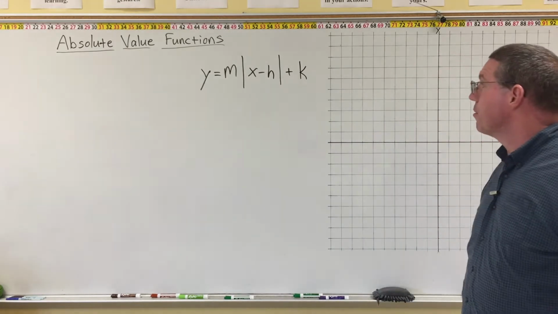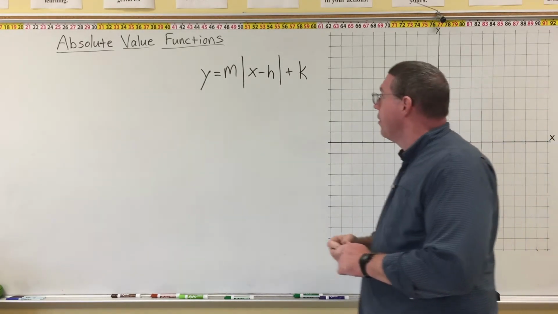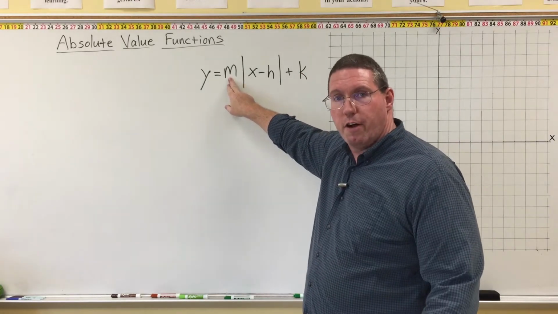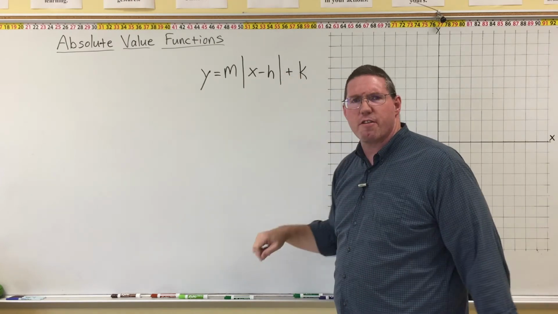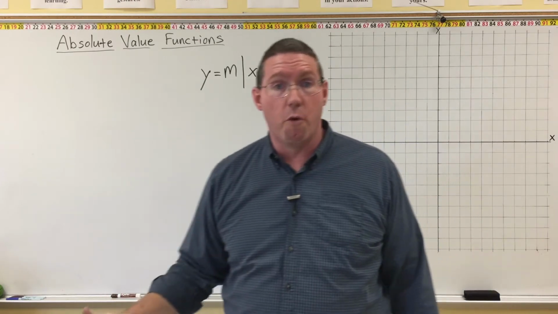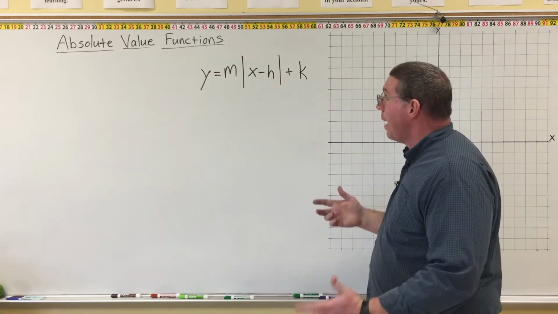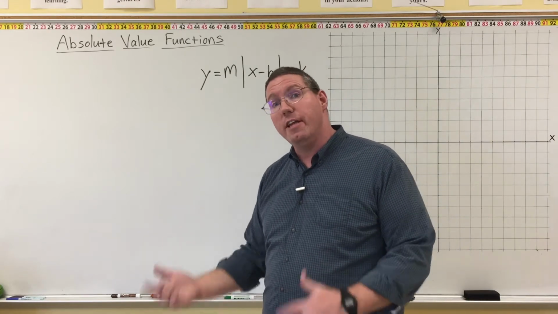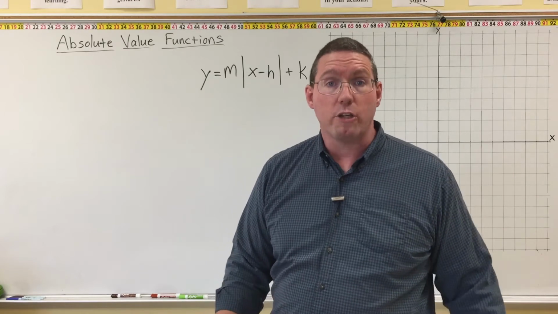Now what's interesting here, if you know a bit about math, is that this looks a little bit like a linear function, and then the h and k have something very similar to the vertex form of a quadratic function. That's because absolute value functions have some of the qualities of a linear function, and they have some of the qualities of a quadratic function.